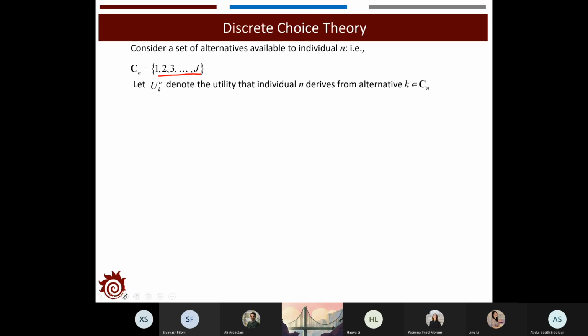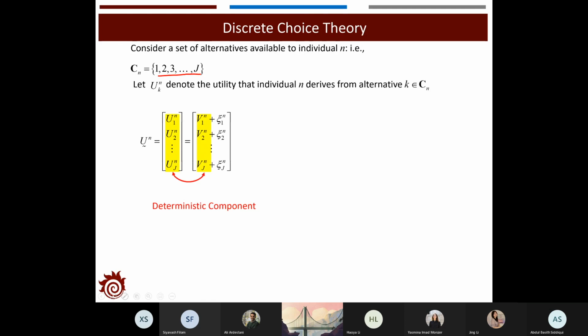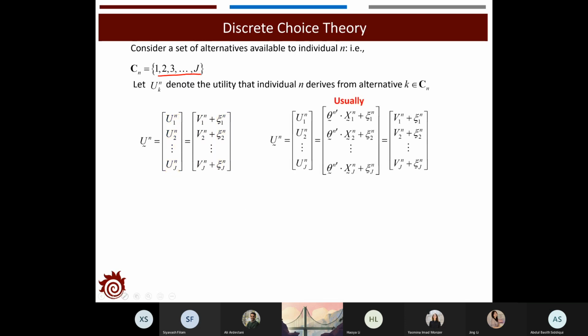We have the deterministic component and the random component for us to estimate the utility.